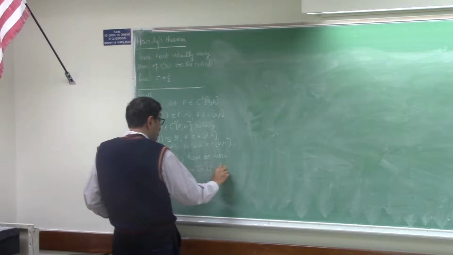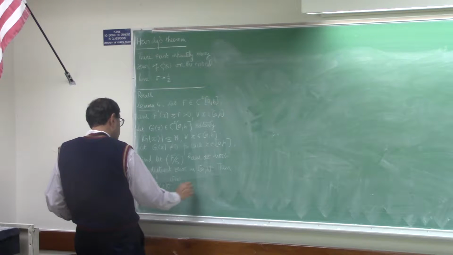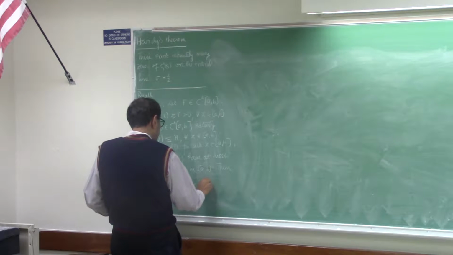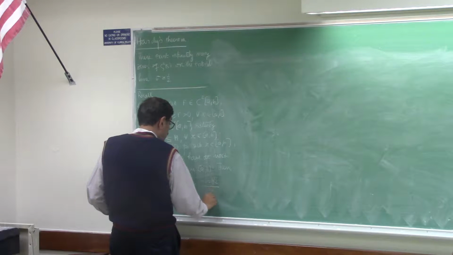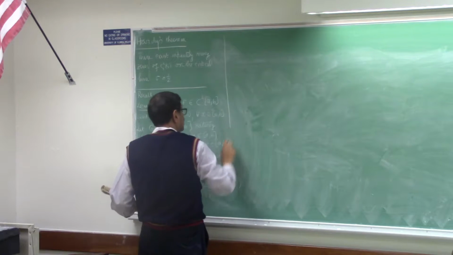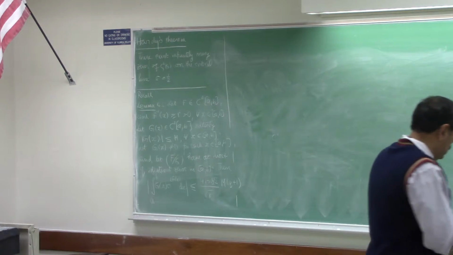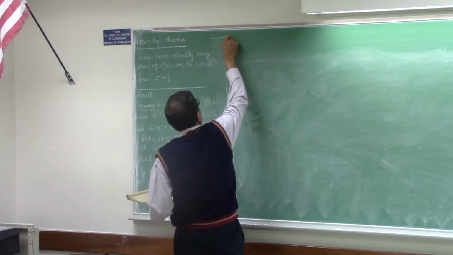And the claim is the integral from a to b of g of x e to the power i f of x dx is less than or equal to some constant, which I calculated to be this, times one over the square root of r, m, and q plus 1. So that's what we have. Okay, so now let's proceed to completion of the proof.